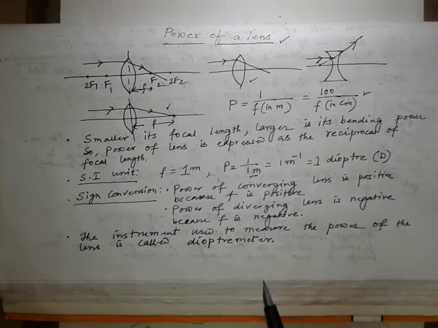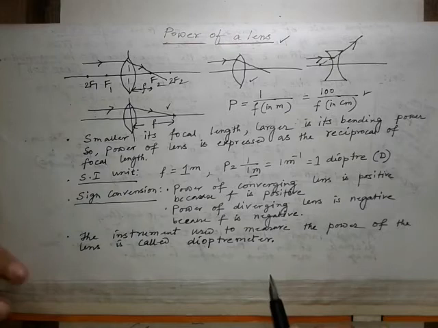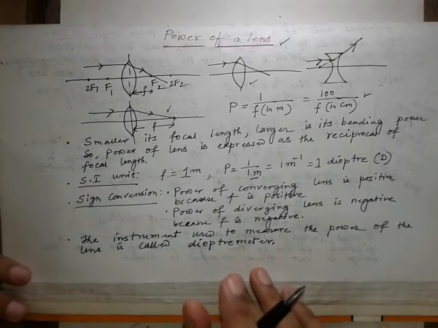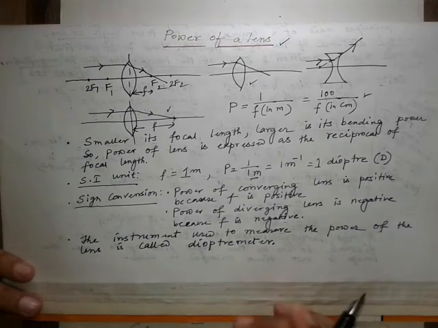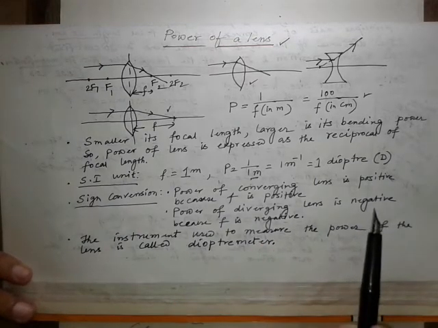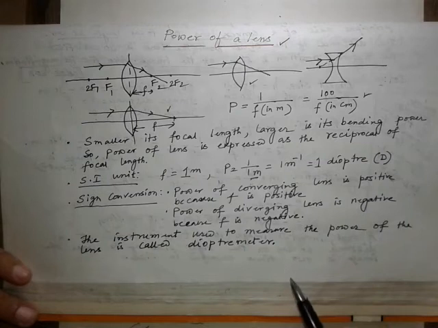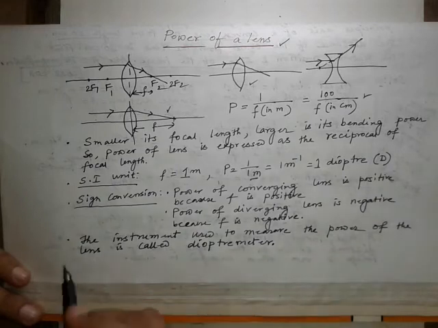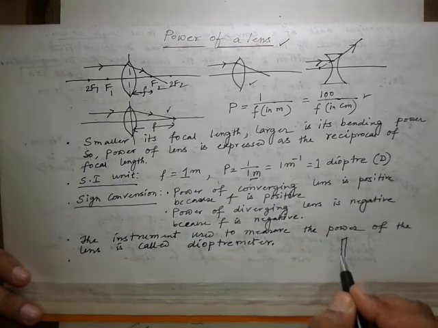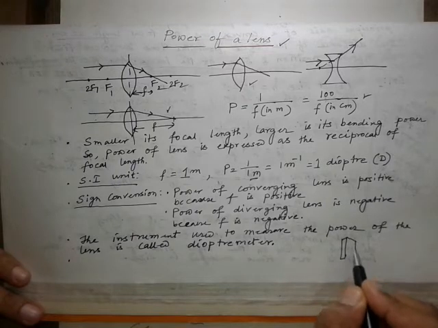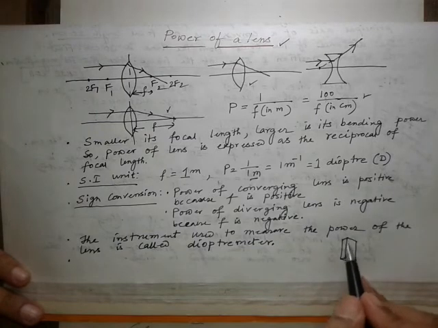Okay, now you can ask the question: what will be the power of a glass plate? Suppose the glass plate will look like this, there is some thickness like this way. Okay, so this is a glass plate. Now in this case, see, there is no curvature at all.